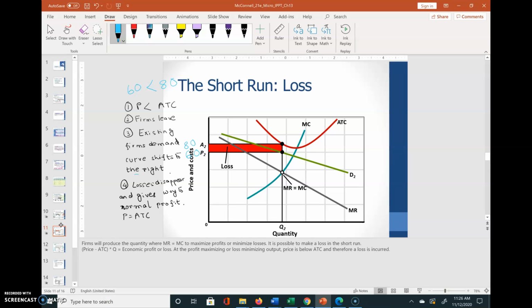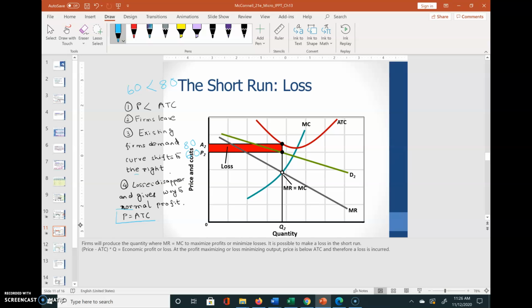So firms will leave this industry in response to a loss. The existing firms' demand curves will shift to the right, and the existing firms will have a larger market share. So this will lead to normal profit as losses disappear.